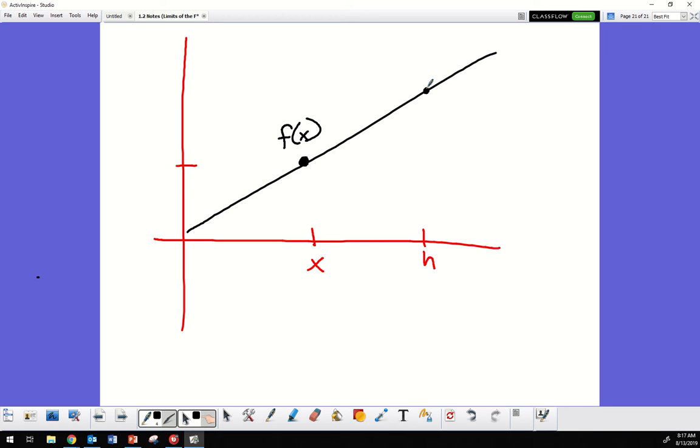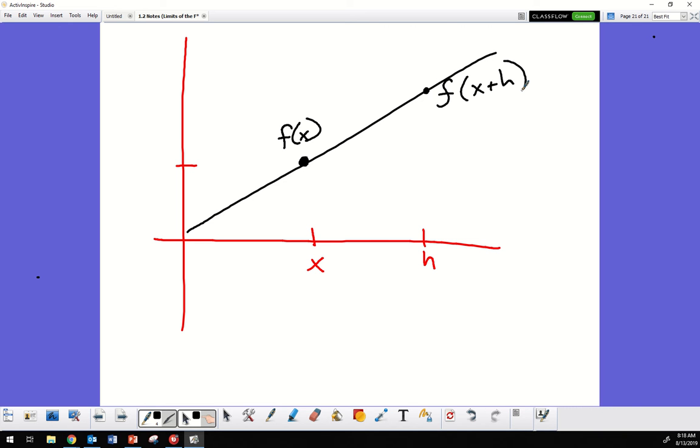That's the same thing for this concept over here. So this point right here is going to be my f of x plus h, because I'm adding some arbitrary value to my x.